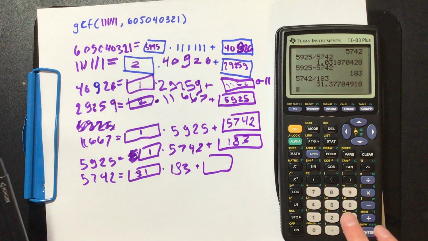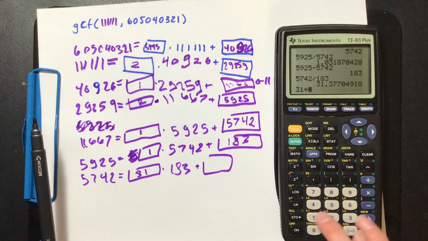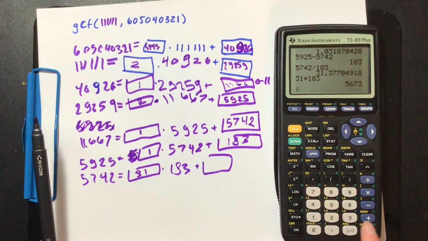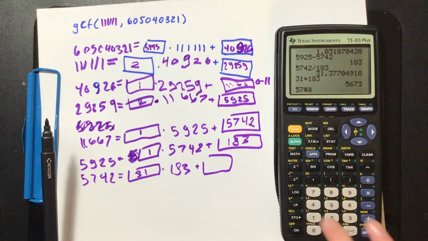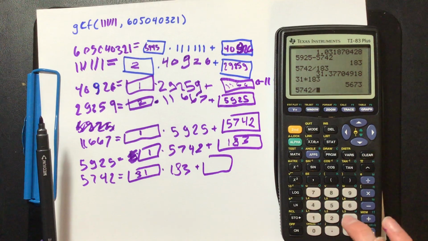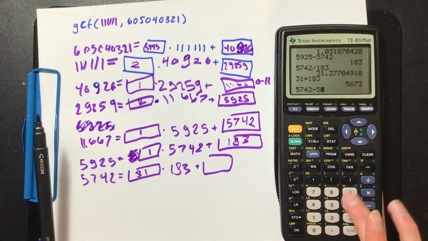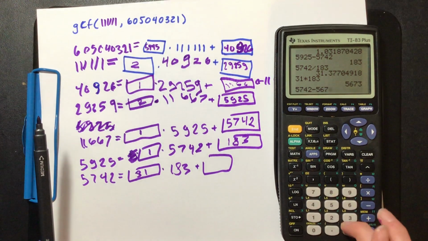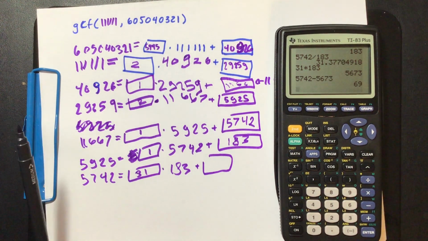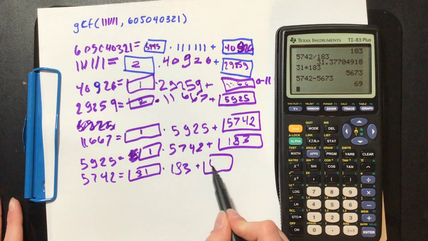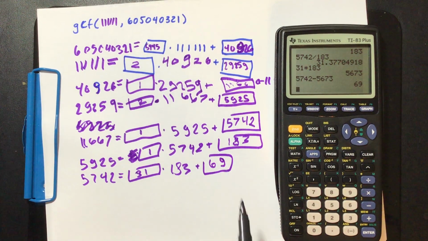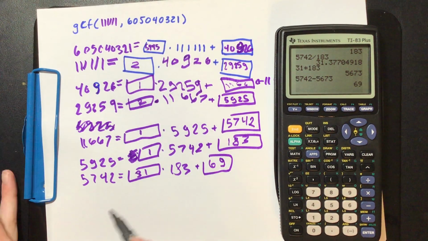Okay. 31 times 183. Now 5742 minus 5673 is 69. Okay. Eventually, this shall end. Okay.